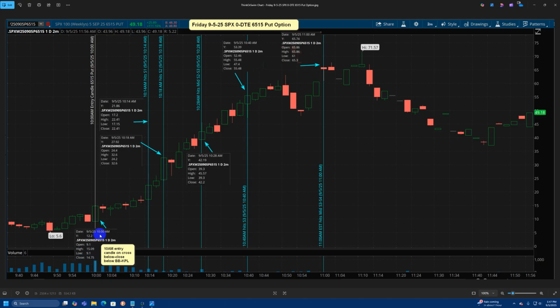Alright, so $14.75 here. So here's the 10:14 a.m. candle when SPX hits S1. So here that put option is now up to 22.41. Here we have the 10:18 candle, which SPX hits the S2 level.